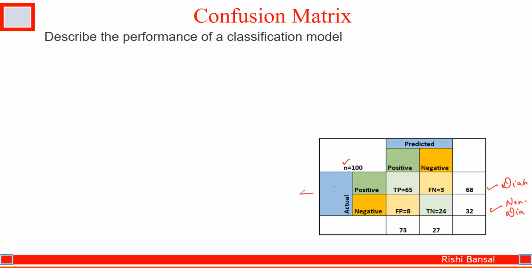This is your actual result. Now you built some model and predicted that out of those 100 people, 73 are diabetic and 27 are non-diabetic. Everyone understand this till this point? How to read: actual 68, 32, predicted 73, 27. Everyone is clear?